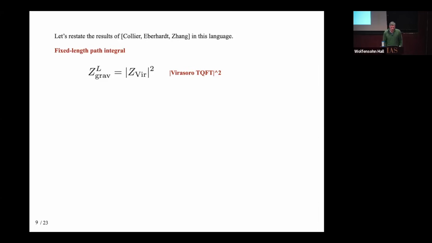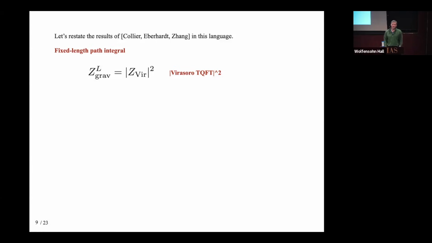So now let's restate the results of Virasoro TQFT in this language. The statement is simple. The gravitational path integral with fixed length boundary conditions, which I'll call ZL, is the Virasoro TQFT amplitude squared. I've normalized things in order to strip off the factors of C0. And so the fixed length gravity path integral is the properly normalized Virasoro TQFT amplitude squared.